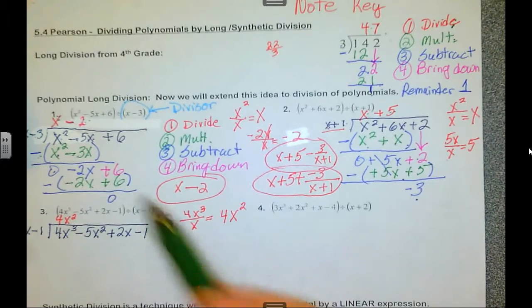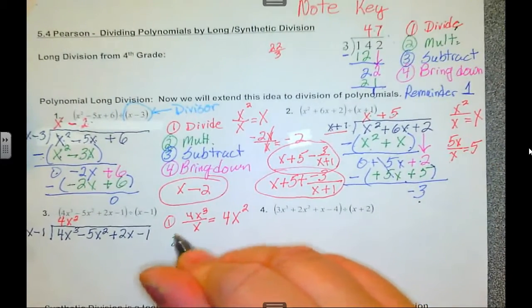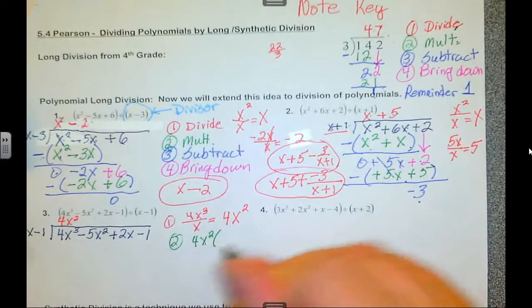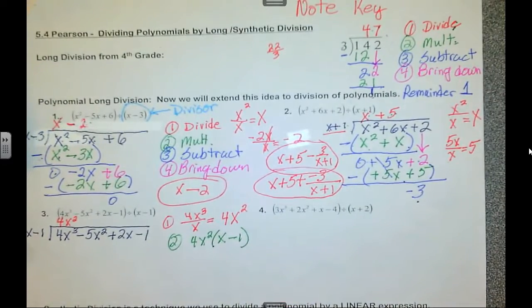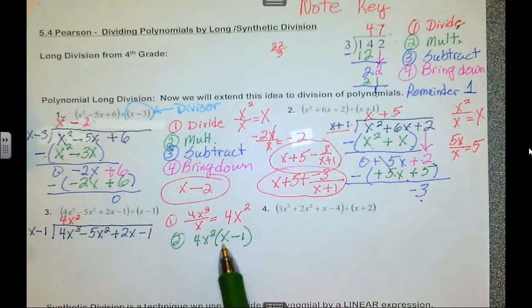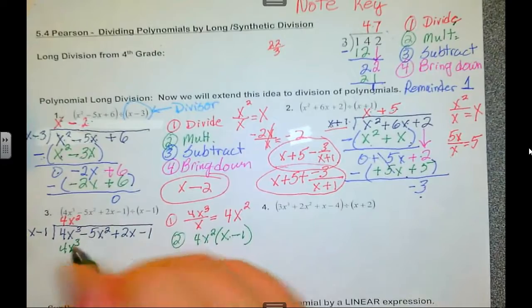Right. I'm just taking that 4x. I'm doing the second step. I'm multiplying. So I'm taking that 4x squared and I'm multiplying it to the divisor, x minus 1. Okay? You got to distribute. 4x squared times x is 4x cubed.